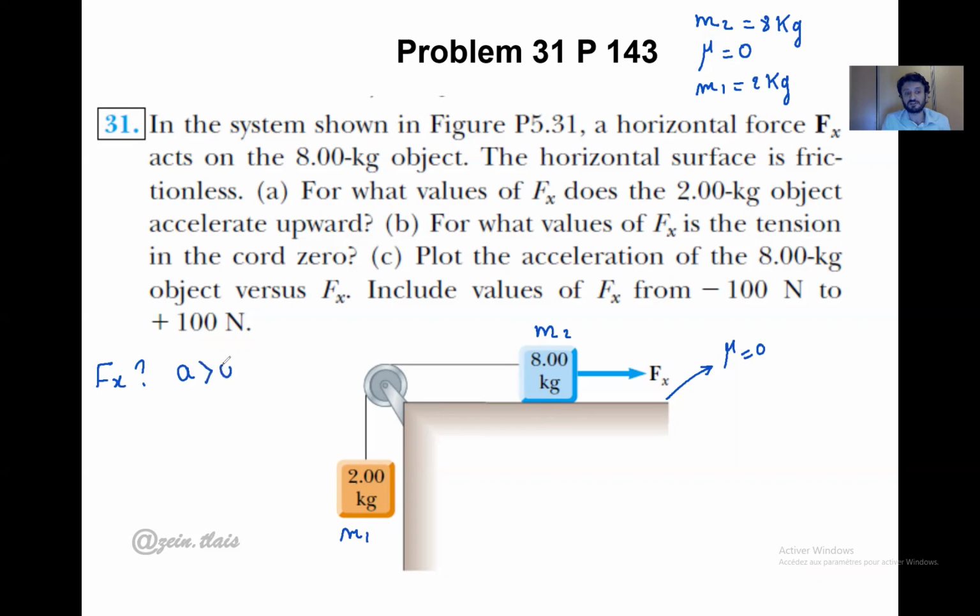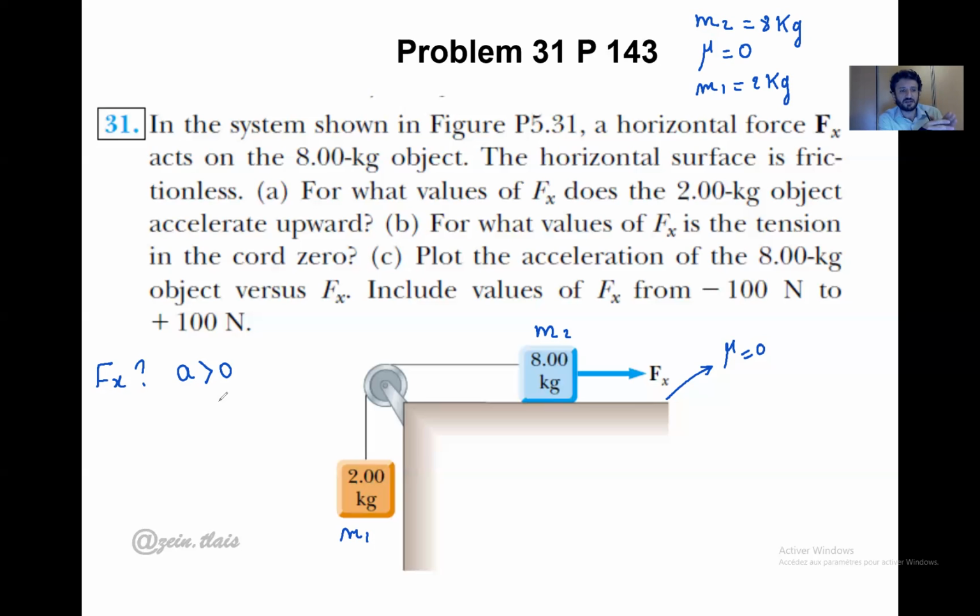have a positive. Anyway, you know that here we have an inflexible cord attached between m1 and m2. It means the acceleration of m1 equals the acceleration of m2.